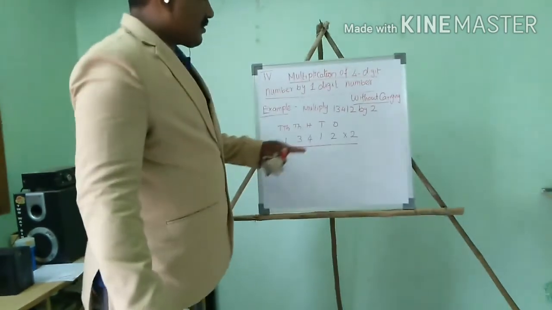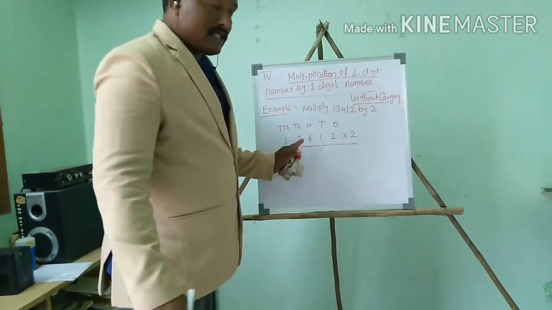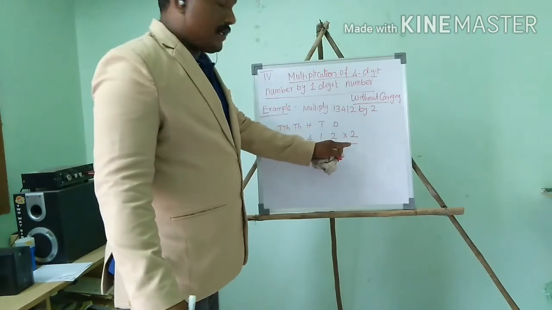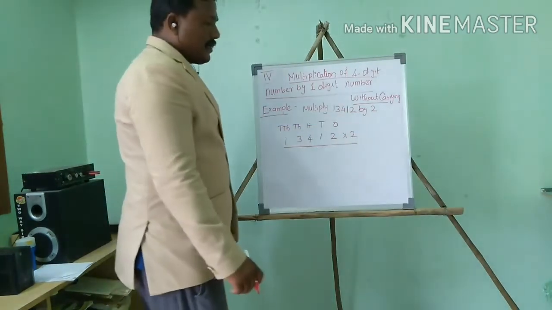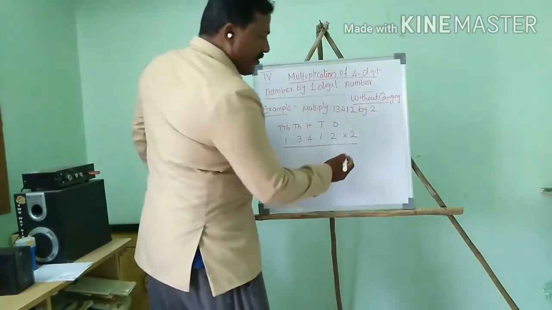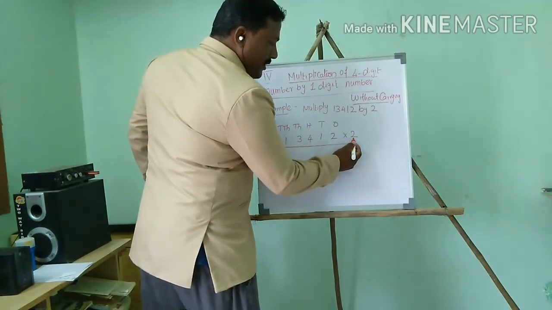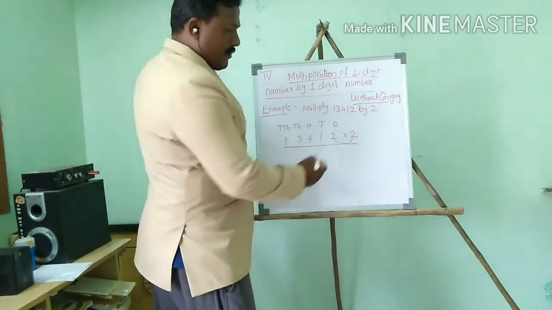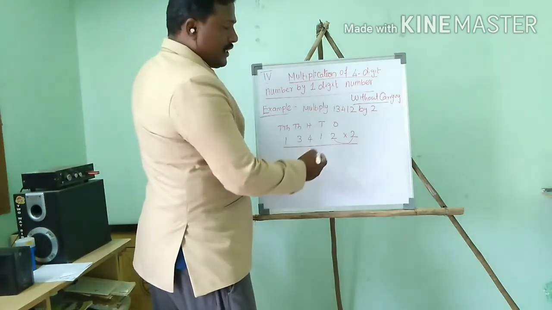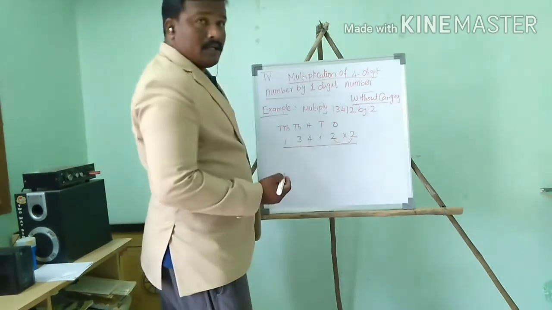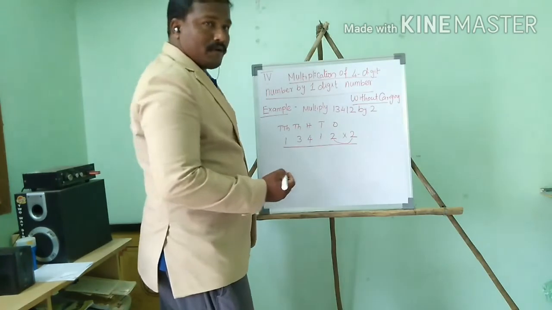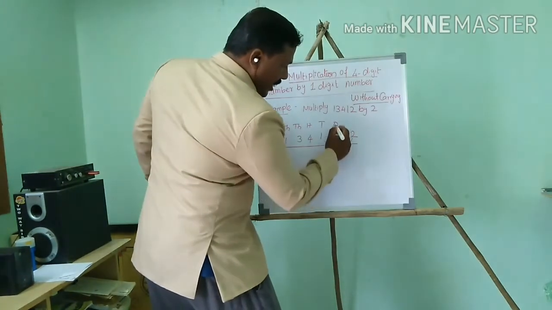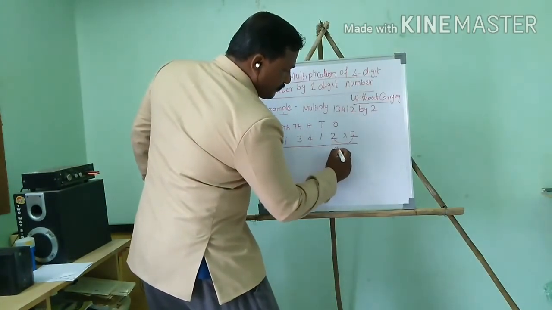You always start from the right side with the ones, big number on this side, small number on this side. Then let me start to multiply. First I will multiply 2 and 2, the ones position. 2 twos are 4. You know very well. I will write it in the ones position.